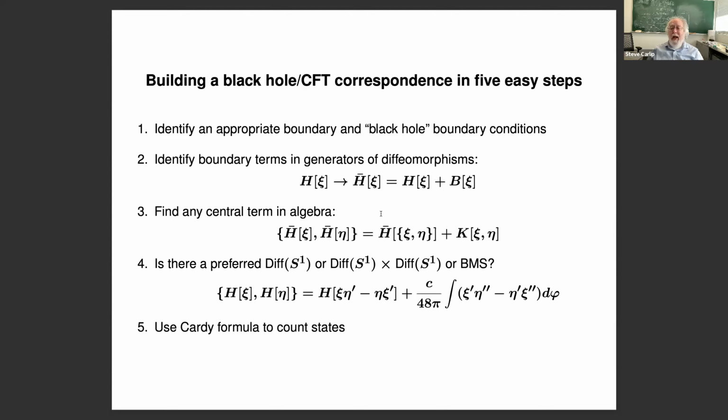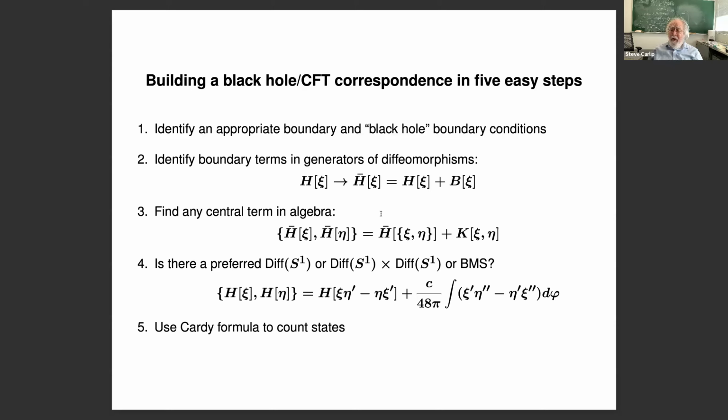If you just look at the symmetries of a completely arbitrary space-time, there's no possibility that you'll get the density of states for a black hole because you haven't told the theory that you want a black hole.